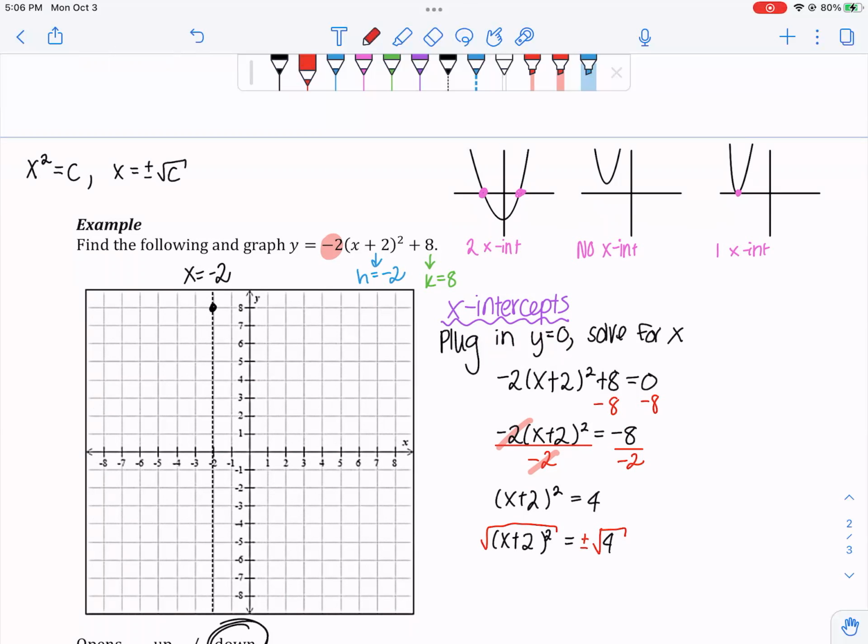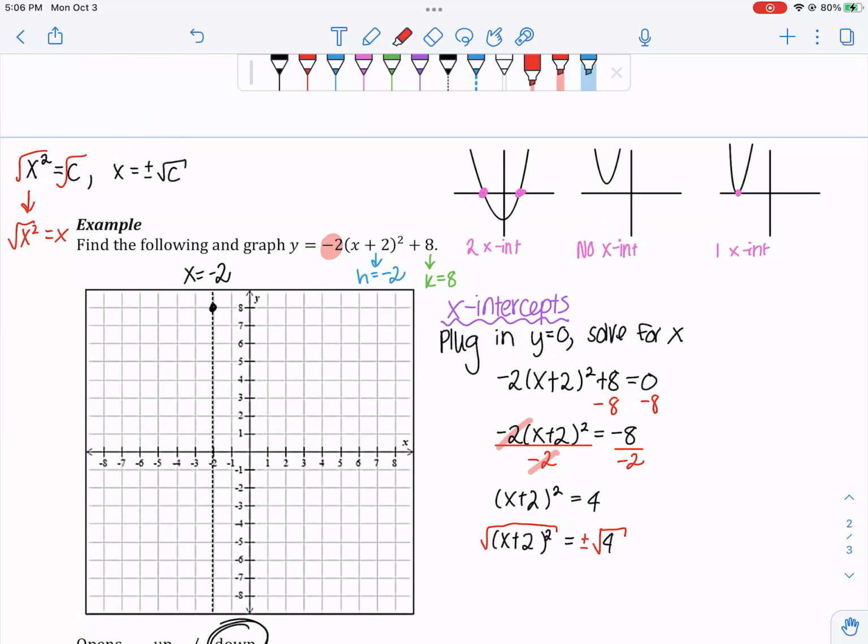So what it says is if you want to take the square root on both sides like this, because the square root of x squared is x, and that would get rid of the square for you, you have to put a plus or minus on the other side to account for the fact that if you square a negative number, it becomes positive. So that's what that plus or minus does for us.